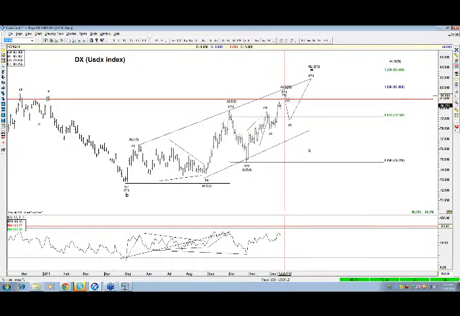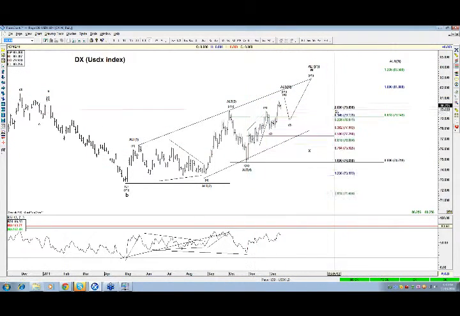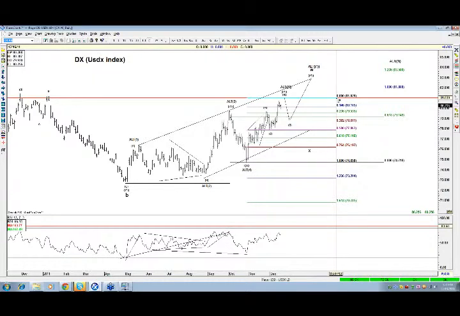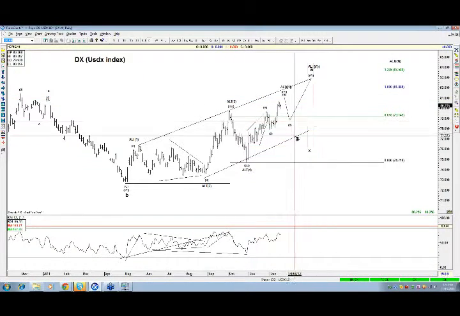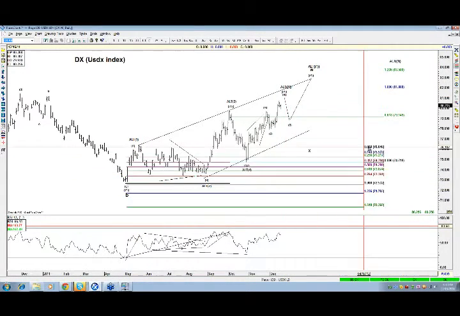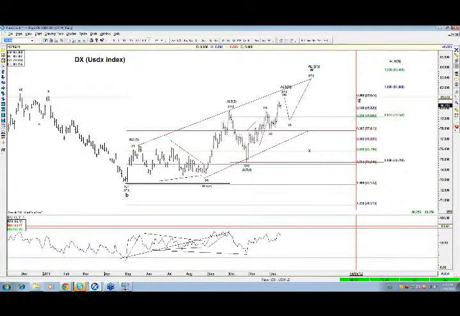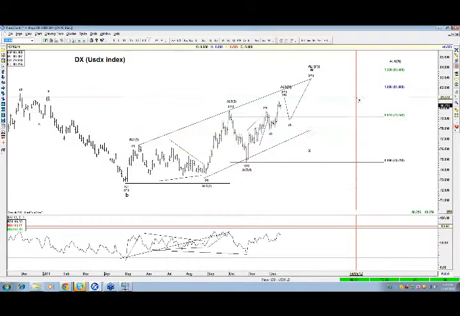If it's ending A, then we're going to see a correction to minimum 78 or 77 again, and then higher again. If this is 1 or W ending here, most likely 1, then we're going to see 75, 77, and then comes the crash of the financial market.